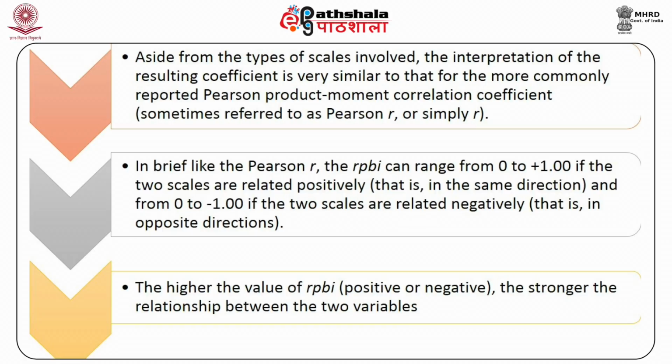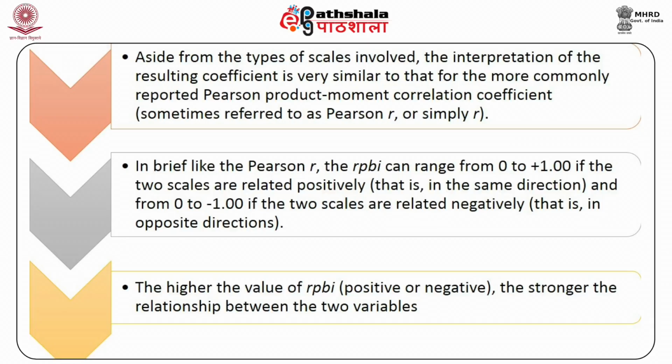Aside from the types of scales involved, the interpretation of the resulting coefficient is very similar to that for the more commonly reported Pearson's product moment correlation, sometimes referred to as Pearson's r or simply r.